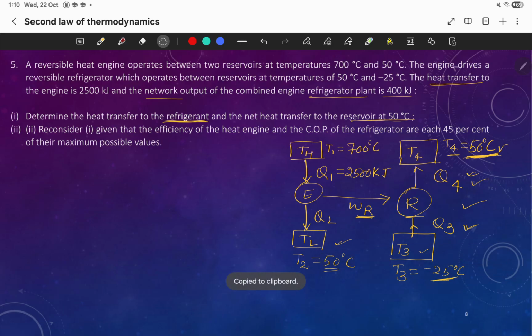In this case, it is saying consider one, given that the efficiency of the heat engine and COP of the refrigerator are each 45% of their maximum possible value, right?